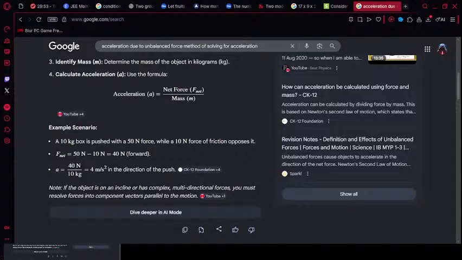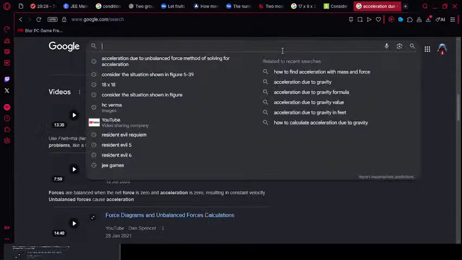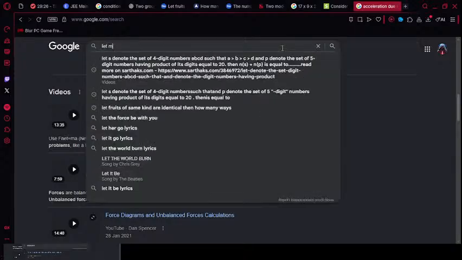Okay, I'll subtract minus 2T, and 2M1G plus M2G is equal to 2M1 plus M2. Wait, no, I'm doing something wrong. I'm not able to understand my own work. I'm just going to search. I don't have time.